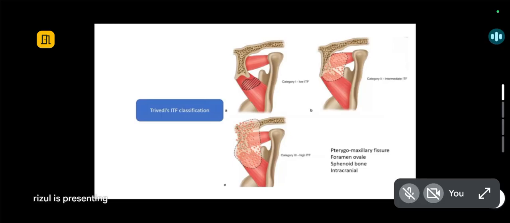If it is intermediate ITF, involvement of these structures plus lateral pterygoid and temporalis plus the lower half of the pterygoid plates, it is still low supranotch and we can still plan for surgery. It is only category 3, that is high ITF involving the pterygomaxillary fissure or beyond or above that, where we usually plan for palliative therapy or NSTD therapy.